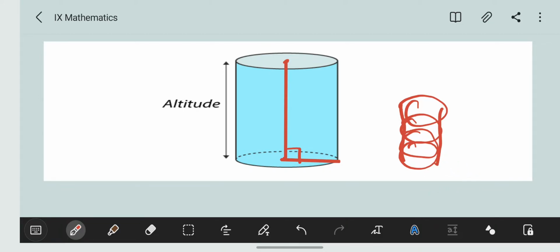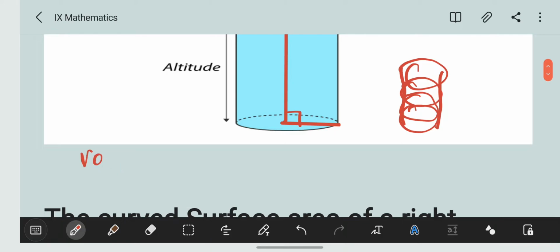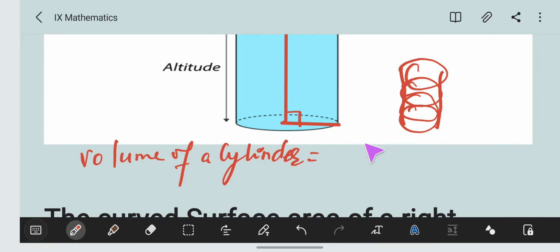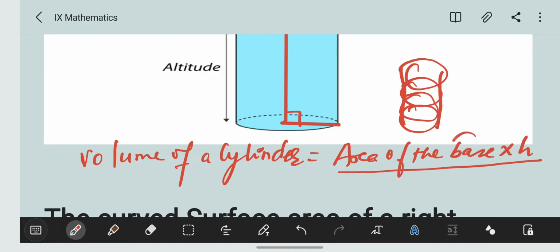So first of all, the volume of a cylinder, I mean the solid cylinder here, can be found out by area of the base multiplied by height. The base is of circular shape, a circle having radius r, for example.